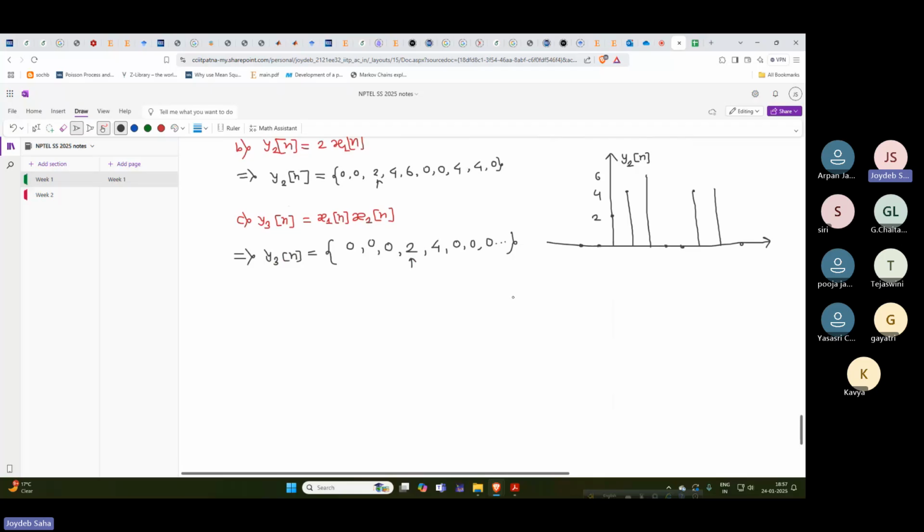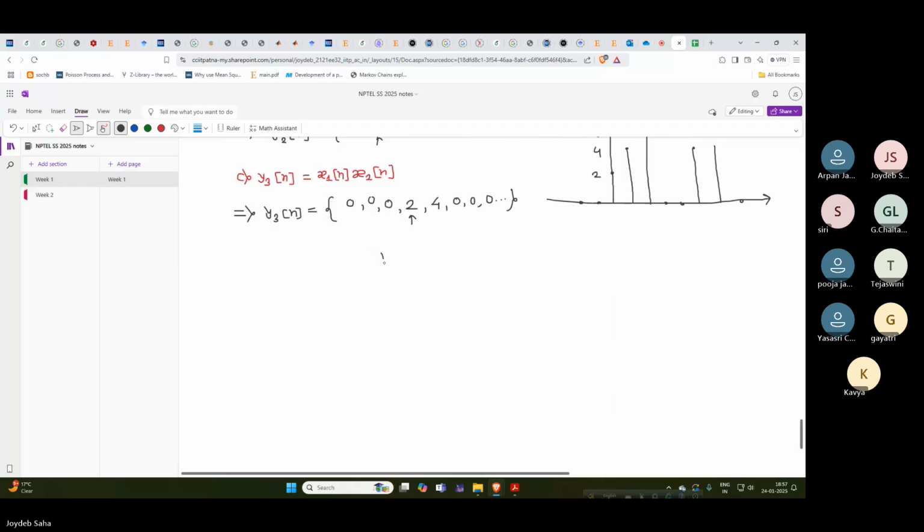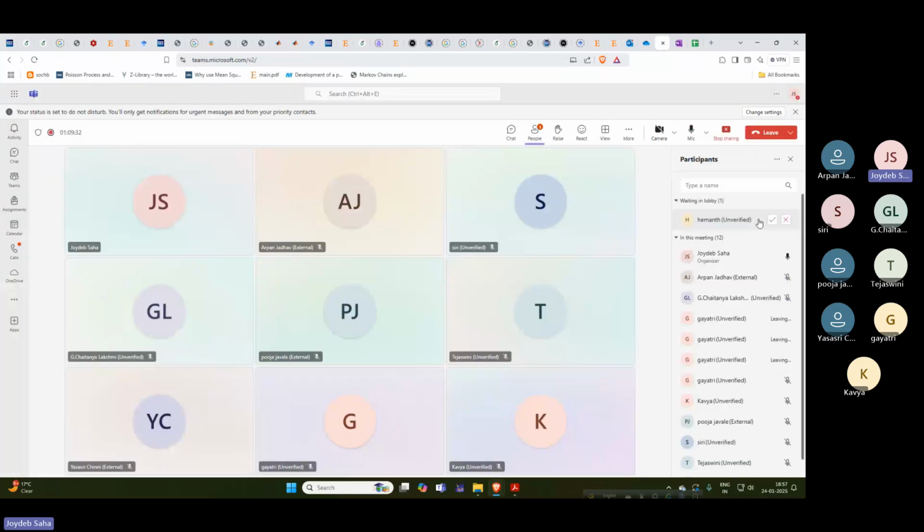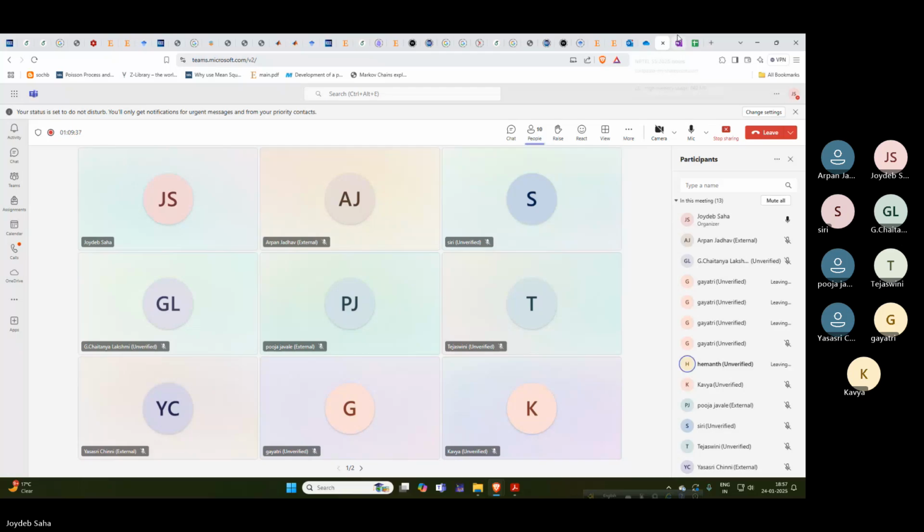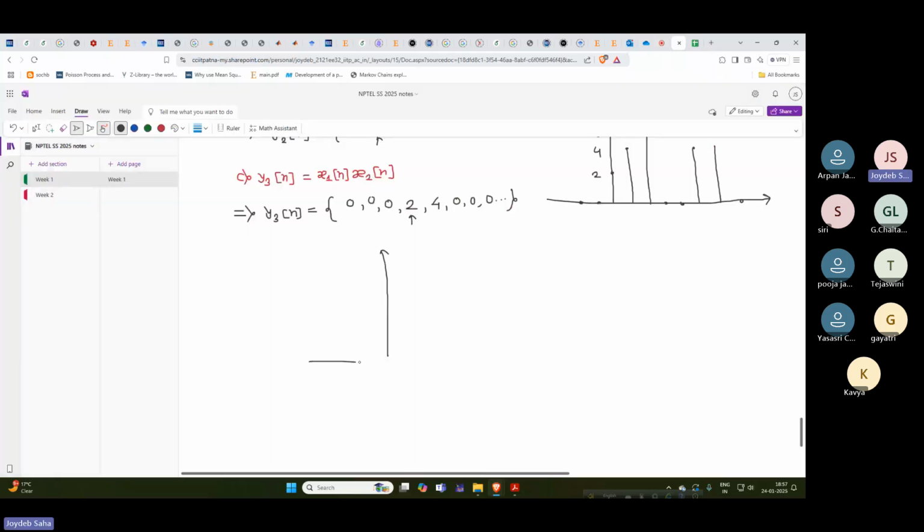And if we want to plot y3[n], then it will be 2, 4, 0, 0, 0, here also 0, 0, 0, 4.